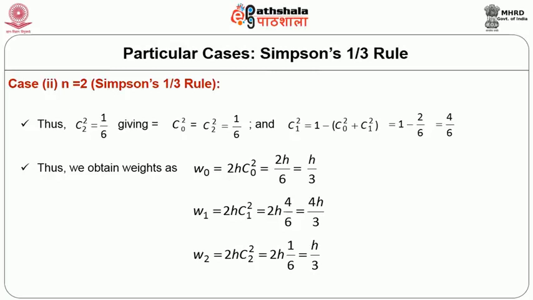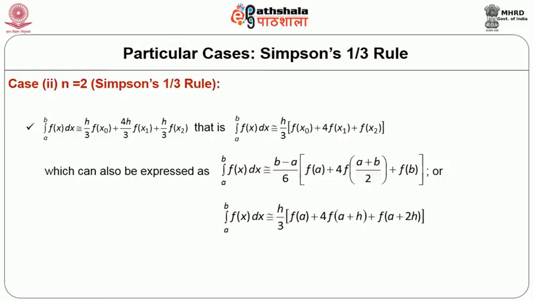And so the weights in our Newton-Cotes integration formula for approximating by a quadratic polynomial are: w0 is 2h into 2c0, so 2h into 1 by 6, that is h by 3. w1 is 2h into 2c1, so 2h into 4 by 6, that is 4h by 3. And w2 is 2h into 2c2, so 2h into 1 by 6, that is h by 3.